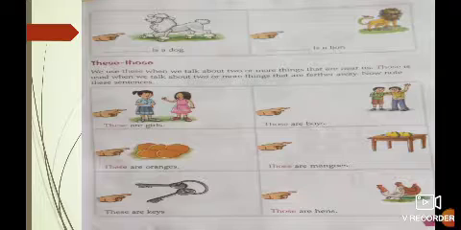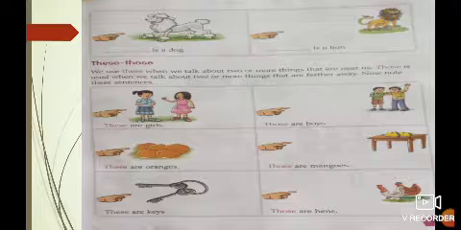Now next is these and those. When we will use these and when we will use those. We use these when we talk about two or more things that are near us. When we talk about two or more things and those things are near to us, we will use these. For example, these are girls, these are oranges, these are keys.